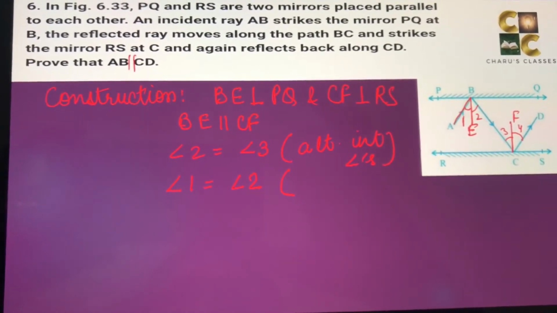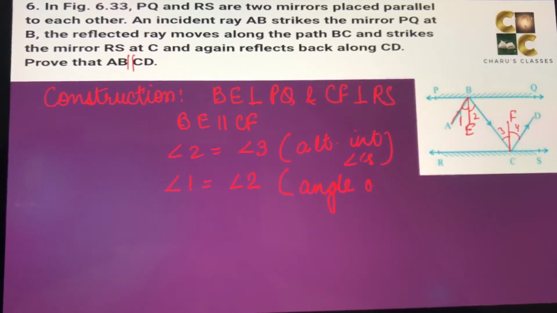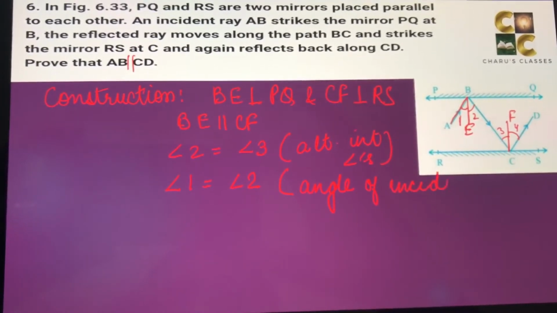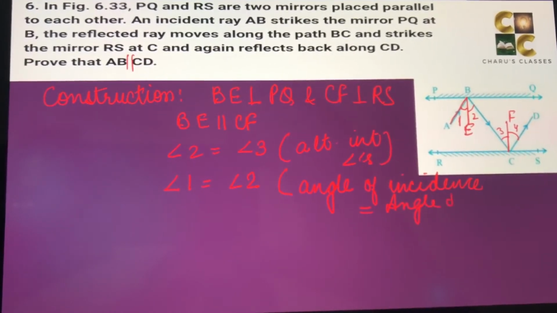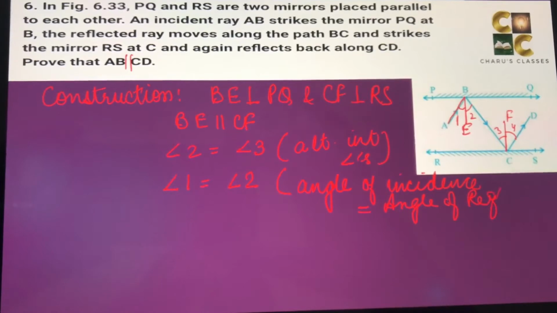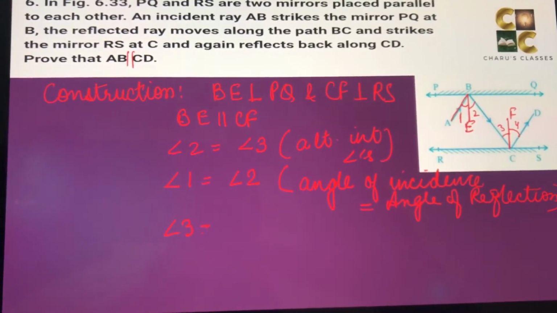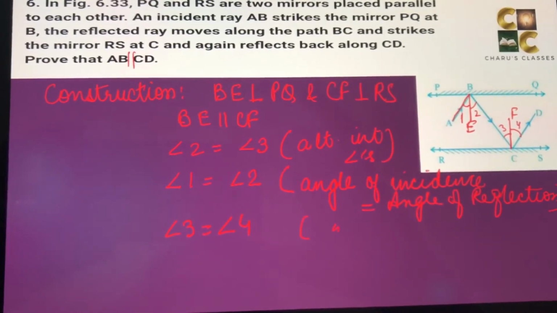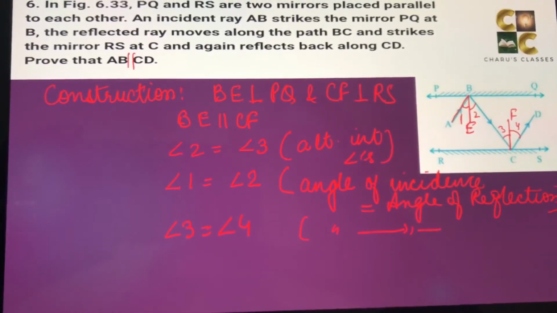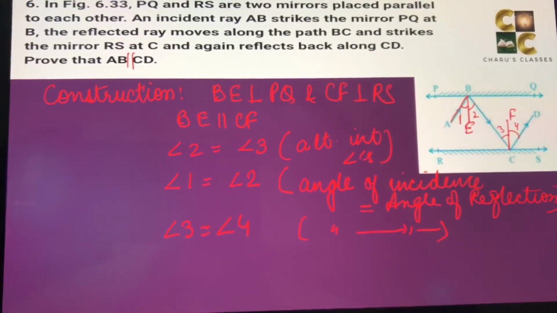This is because of the law of reflection, that is, angle of incidence will be equal to angle of reflection. Similarly, angle 3 should be equal to angle 4, again because of the law of reflection.